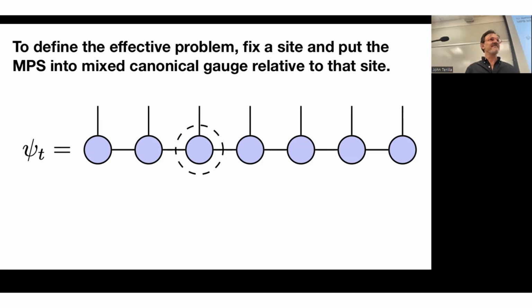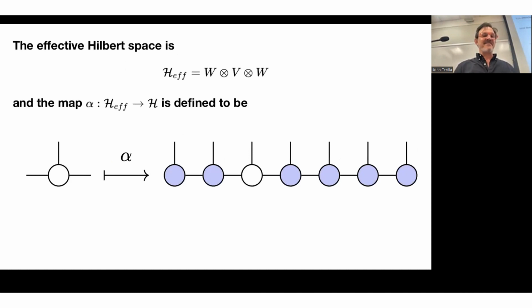So I put it in gauge canonical form here, and then I remove the site at which I centered my gauge canonical form. And then I have an MPS with a missing tensor. And then if I have any little 3 tensor at all in this vector space, I can just plug it in. And that gives me a map from this small vector space into the large one.